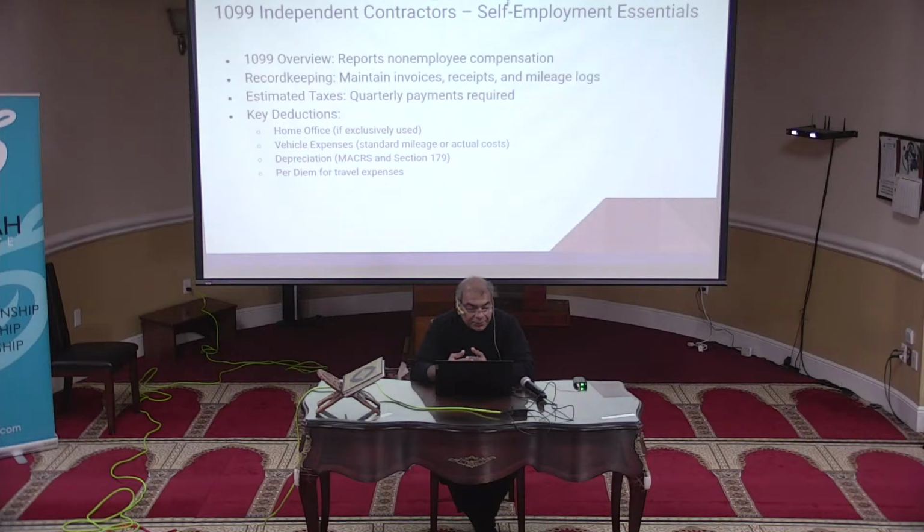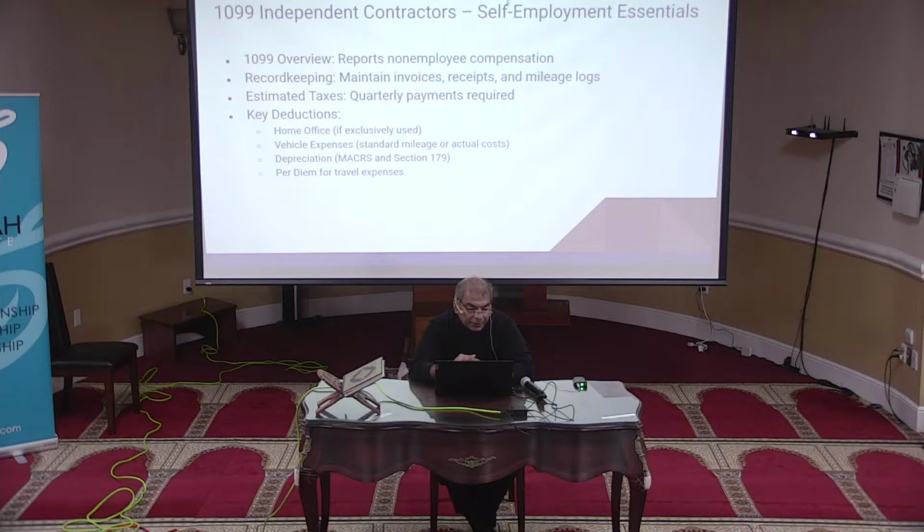So let's say you're using your vehicle for Uber, then you can deduct the expenses you incur in terms of the mileage driven. Same for depreciation. If your vehicle is solely or mostly used for the business, for your 1099, you can deduct depreciation. So again, that reduces your overall tax obligations.